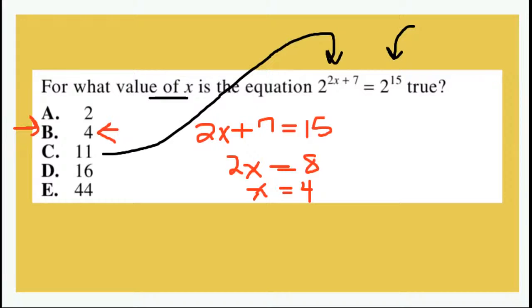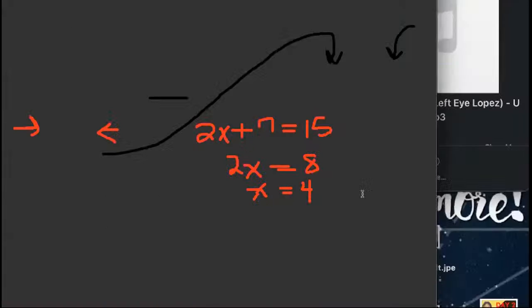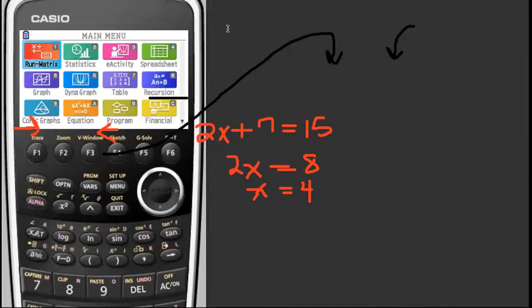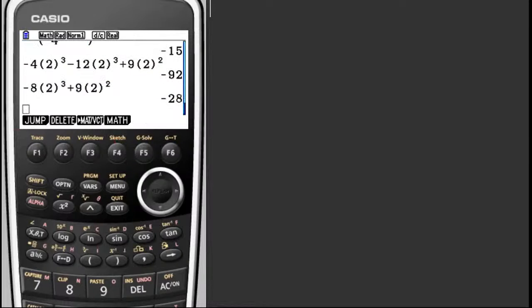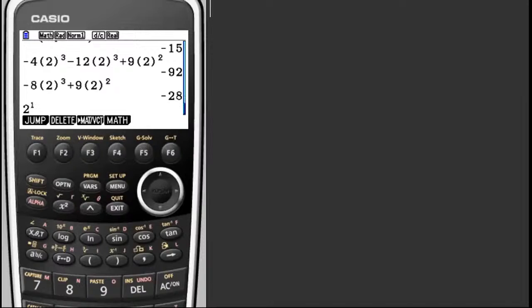So let's hop over to the calculator. All right, let me get all of this cleared out. Okay, we are here. Remember, it was 2 raised to the 15th power.